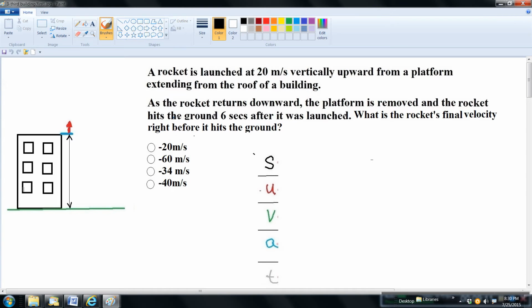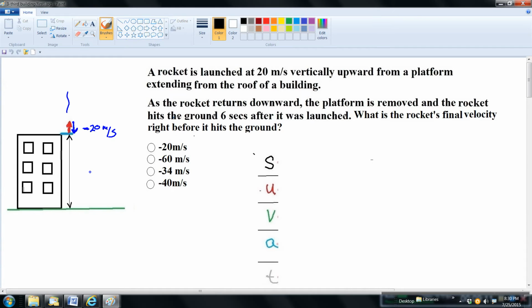So that means that at this point, when the rocket has come straight down again, it's got a minus 20 meters per second. Okay, the velocity going up, that's initially going up, will be equal to the velocity final that comes back, but it's going to be in the opposite sign.